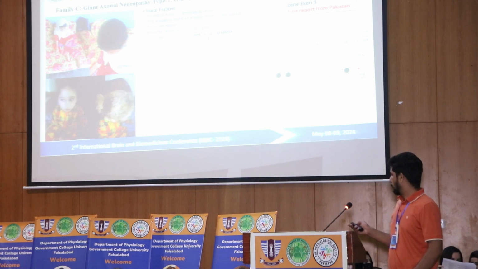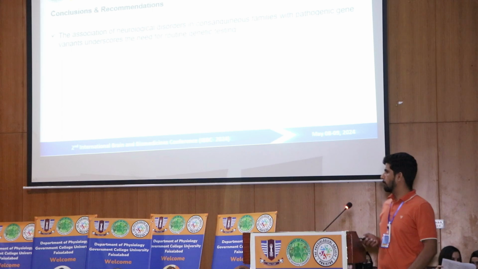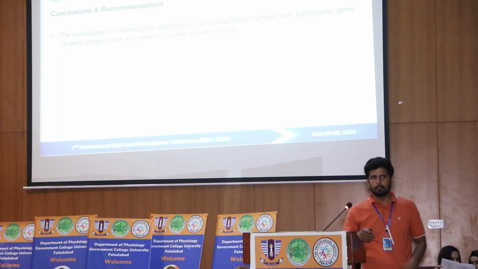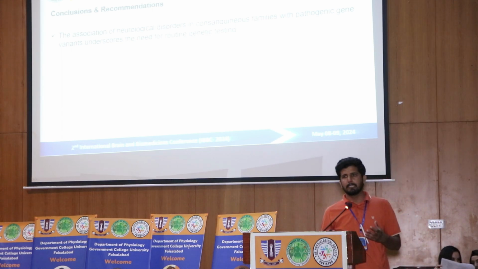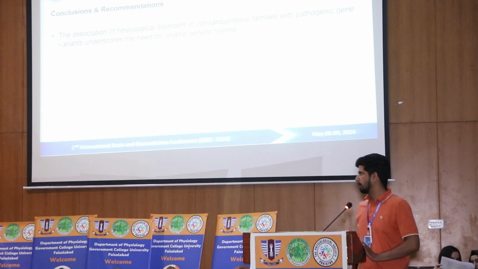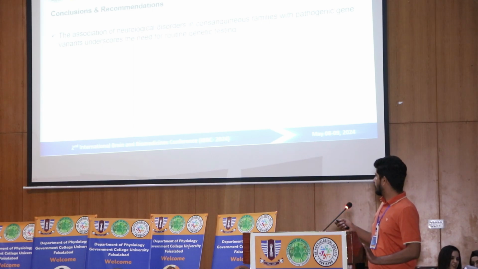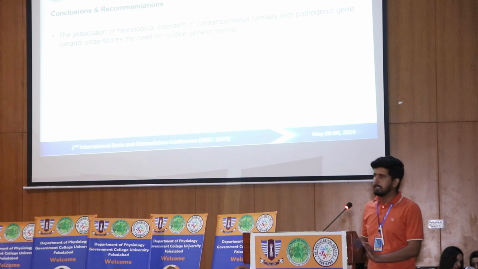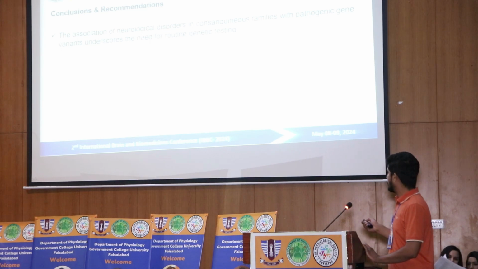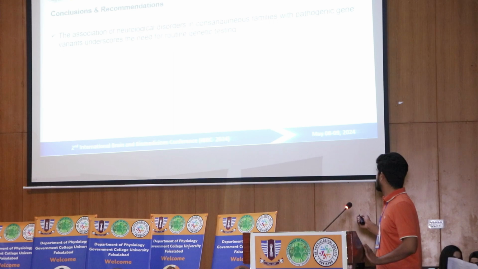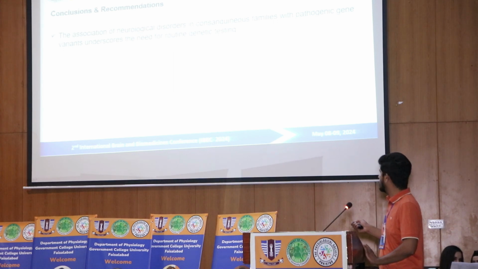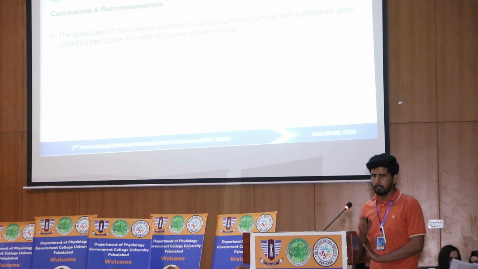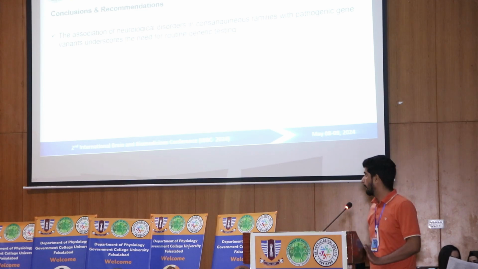So in these three families, we not only broaden the genetic spectrum of these disorders, but the major conclusion that we can take from these findings is that the association of neurological disorders in consanguineous families with pathogenic gene variants underscores the need for routine genetic testing.